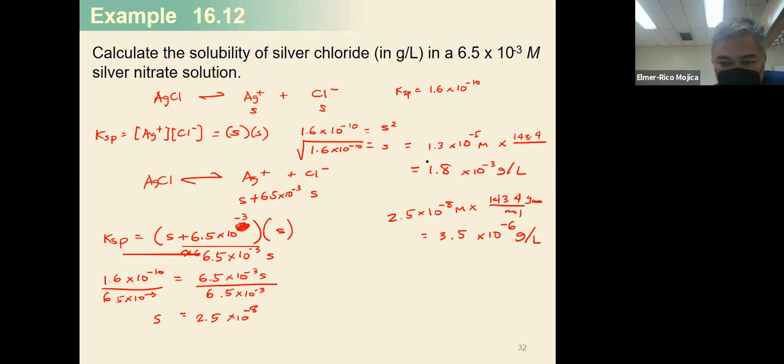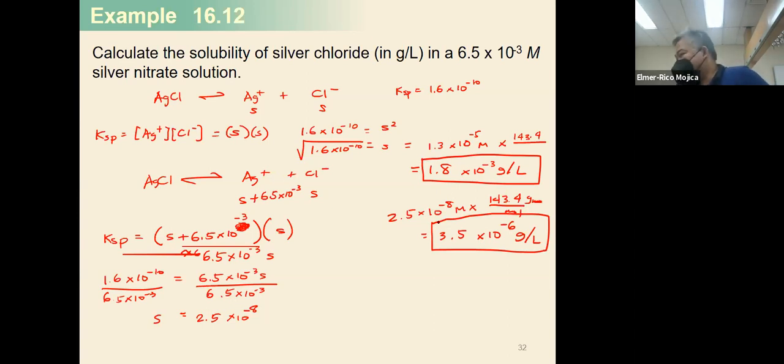When you have a common ion, from times 10 to the negative 3, it becomes times 10 to the negative 6. So it only shows that there is a reduction in solubility. Okay? So the presence of the common ion, which is in the form of silver nitrate, reduces the solubility of your silver ion.